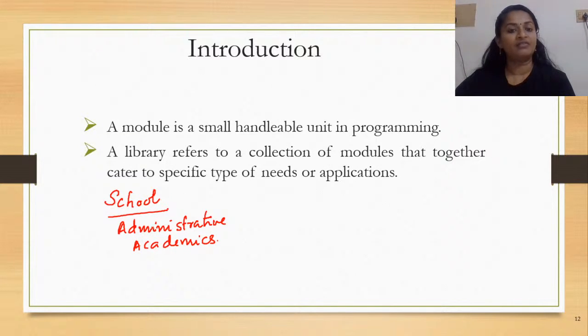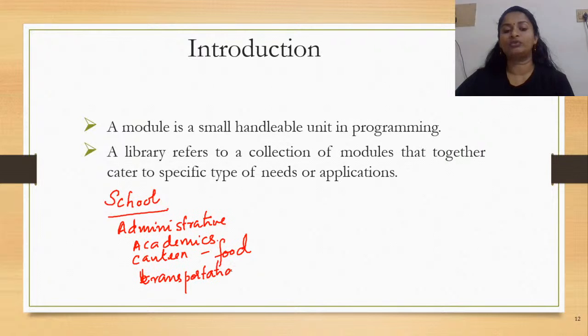Now, apart from all these things, for the running of the school, you need a proper canteen. So there is a department which is looking after the food and snacks. And then you would have transportation facilities, so you would have a unit called transportation, which takes care of the transportation facilities being provided to the students of the school.